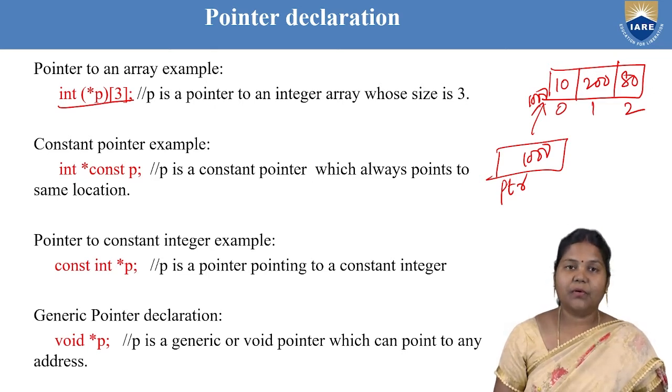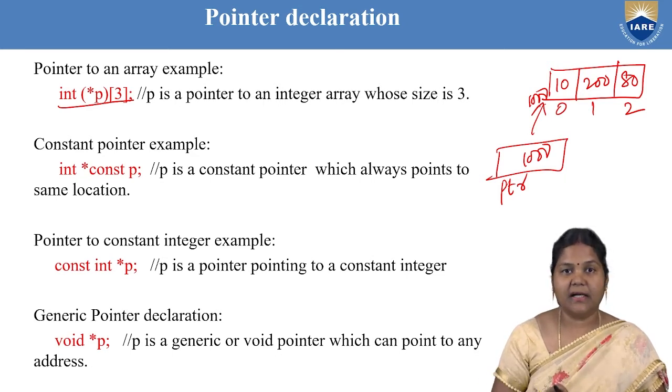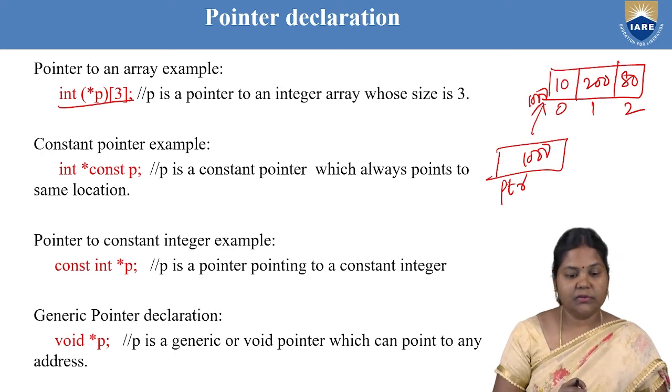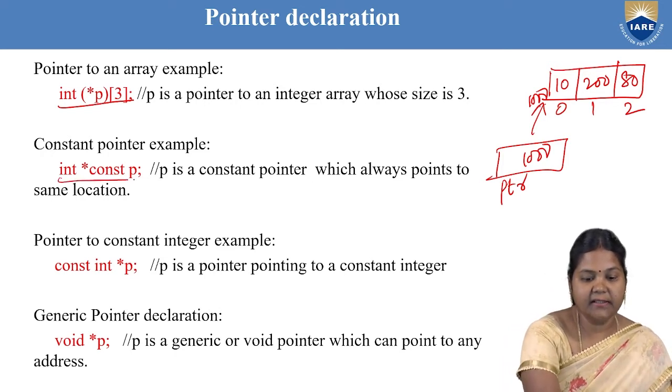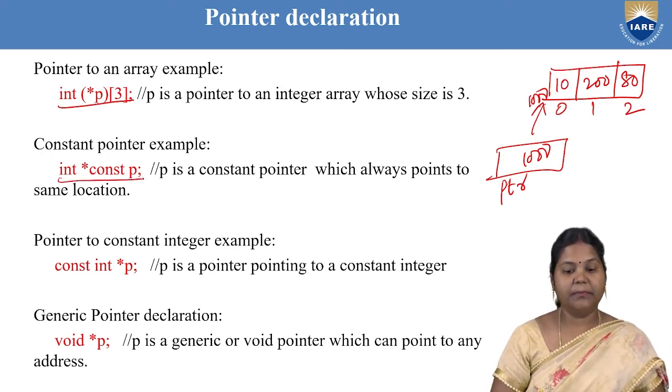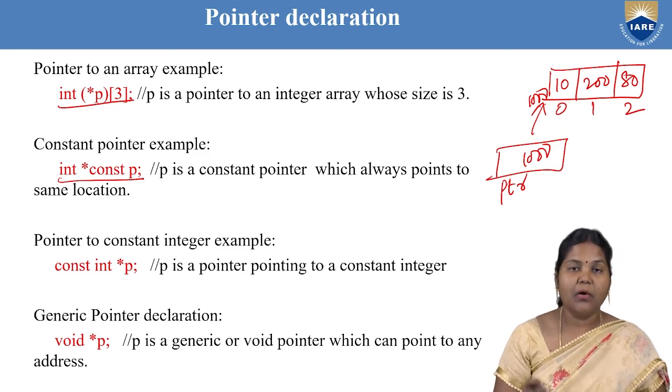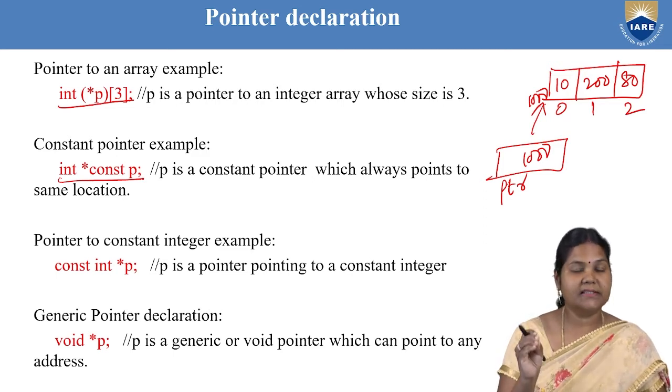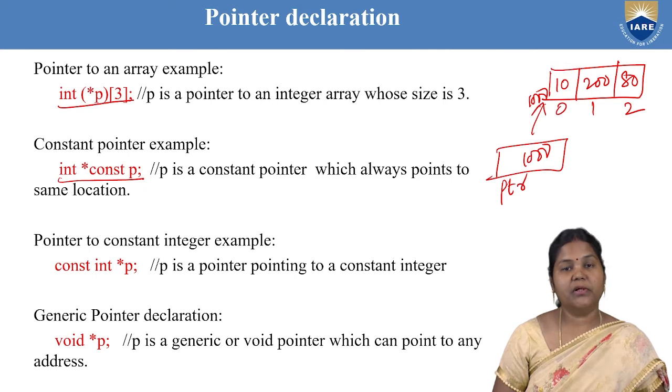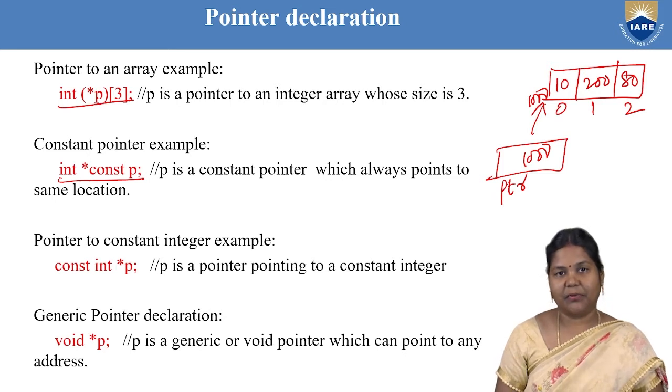Next concept is called a constant pointer. Constant pointer means the pointer which contains a fixed address which does not change. So here you can see int star constant p. That means p is a constant pointer always pointing to the same address. If you do not want to change the address of the pointer, then it is called a constant pointer.